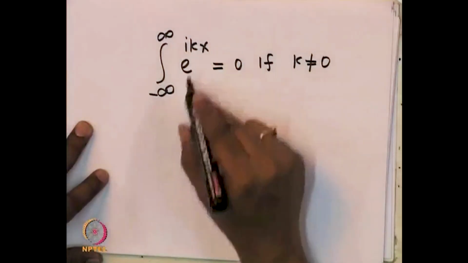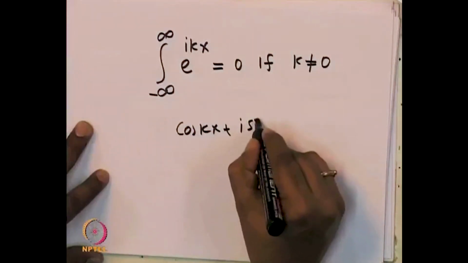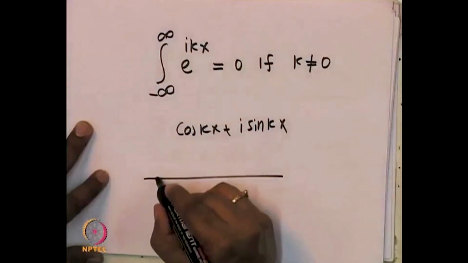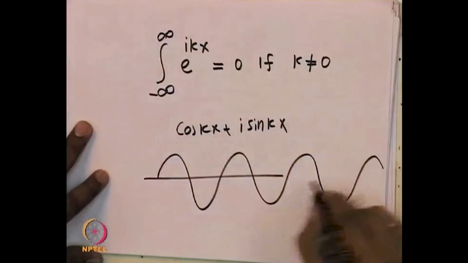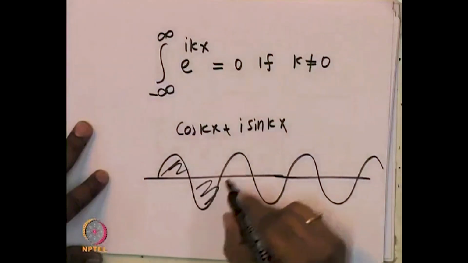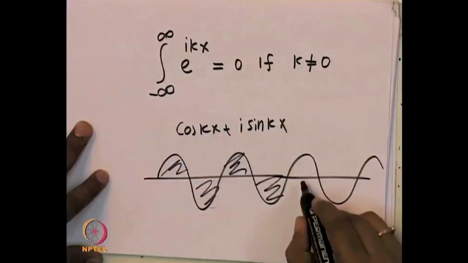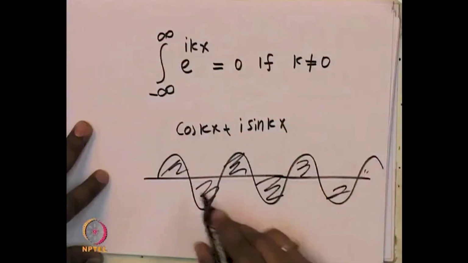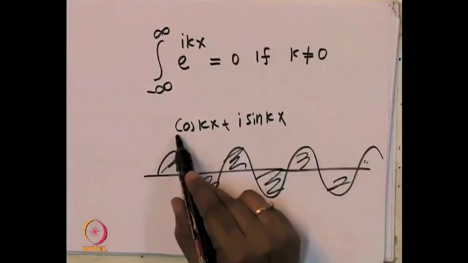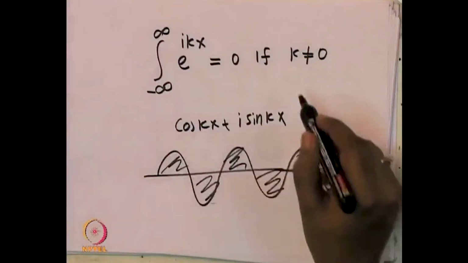If k is not 0, e power i k x can be written as cos k x plus i sin k x, and as you know, cos and sine are periodic functions, and if you go from minus infinity to infinity, the sum area under this will be 0, because there is a positive part, a negative part, a positive part, a negative part. For each positive part there will be a negative part, so they cancel each other. So, this will give you 0.